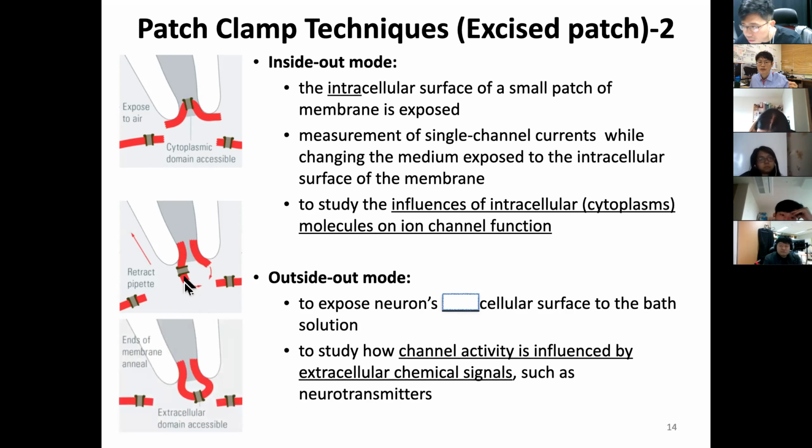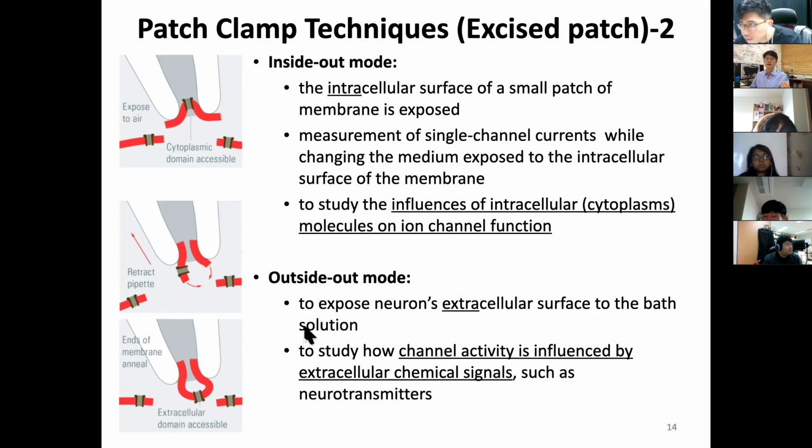Actually this happens many times, this torn membrane can re-anneal to make this format. And you see the orientation of the ion channel. Now the outside goes out of this pipette. That is called outside out mode. So it exposes the neuron's extracellular surface to the bath, outside of the pipette.